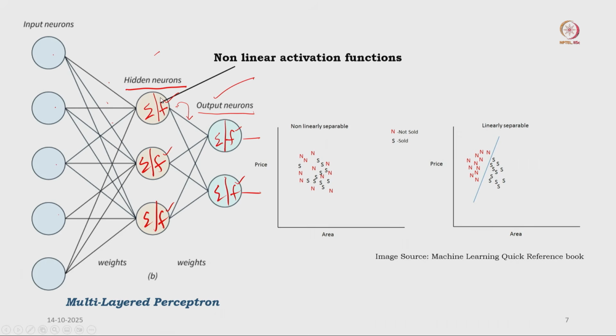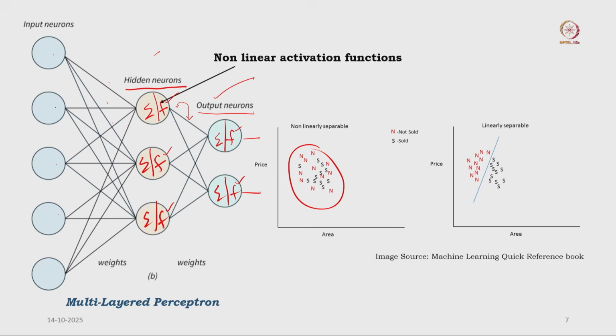As we have seen in the theory, this is used to solve both linearly separable and non-linearly separable problems. Even if you have data that you cannot separate with a straight line, you can still solve this problem using a multi-layer perceptron.